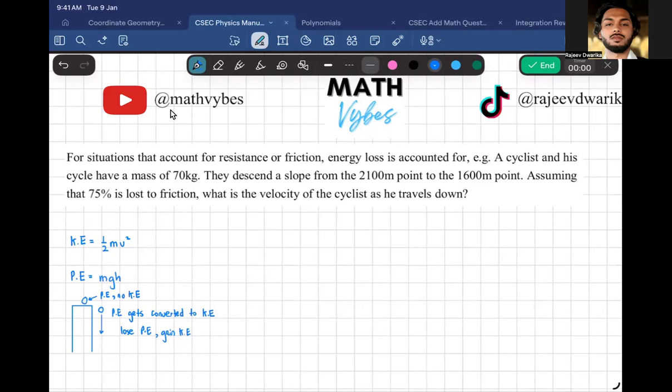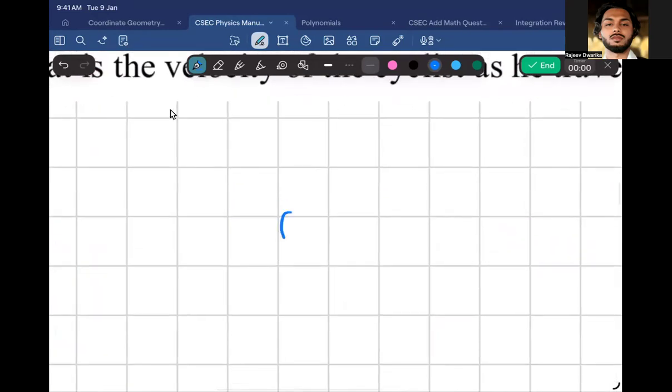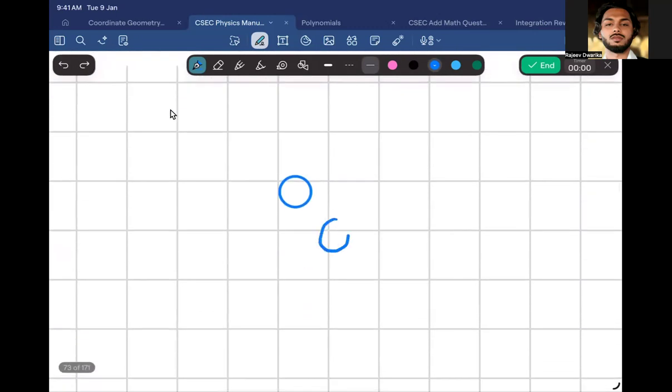All right, so tell me this. Let me just draw a little diagram. I need to draw a bicycle. Do I remember what a bicycle looks like?